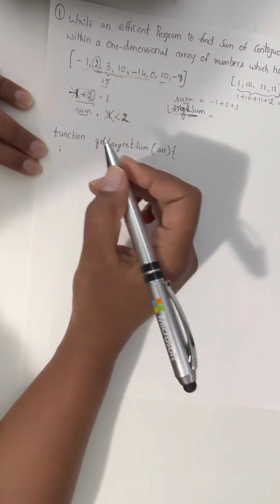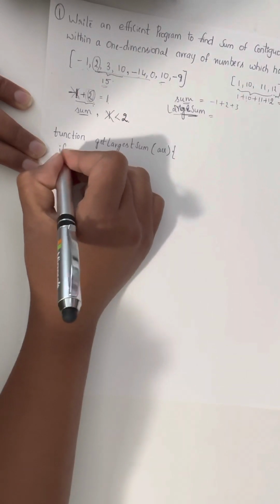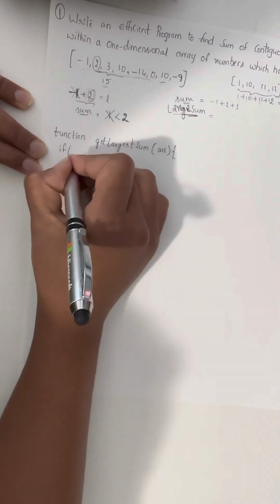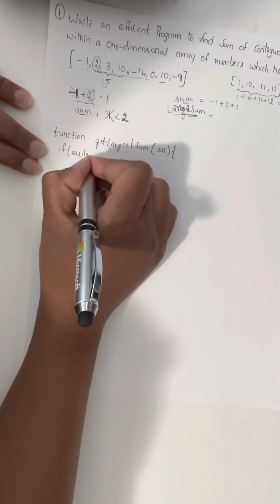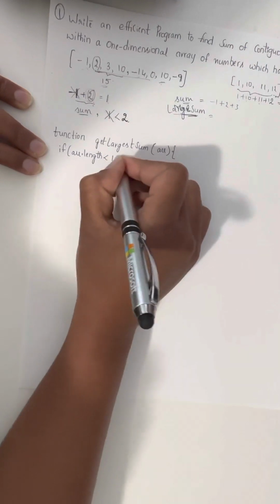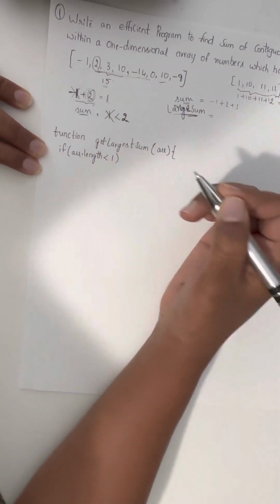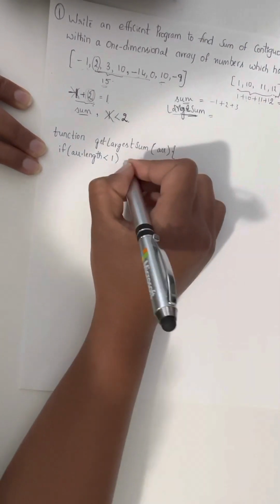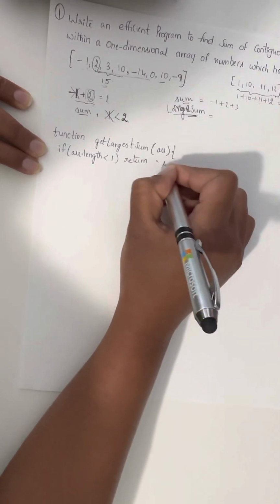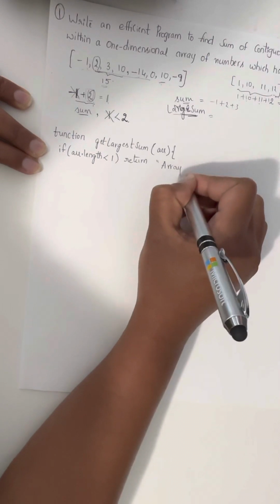Now let's see the corner cases. For this problem, the corner cases are: if array.length is less than 1, which means we have null, then we just return "array is not valid".